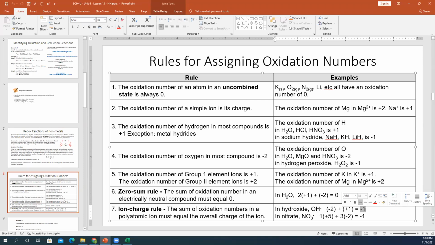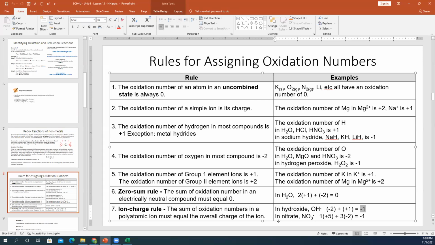In this case, the hydroxide ion has a charge of -1. So when you take the oxidation number for oxygen, which is -2, and add the oxidation number for hydrogen, which is +1, you notice they result in the overall charge of this hydroxide ion, -1.